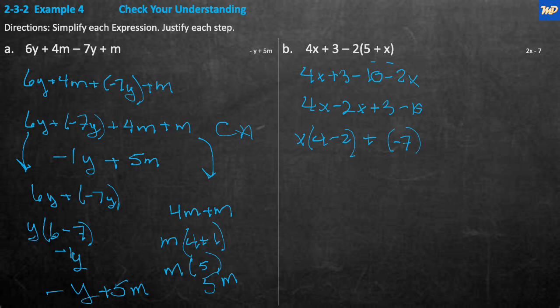Okay? And so now we can add these together inside the parentheses, and we'll get x times 2 and minus 7. Okay? And now we can write this without the parentheses, and it'll be 2x minus 7. Okay?